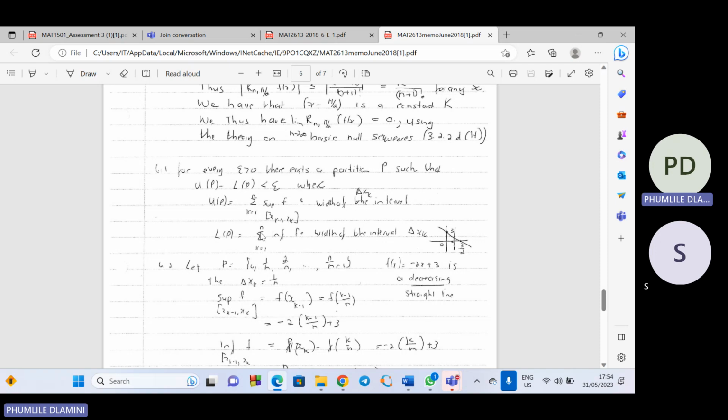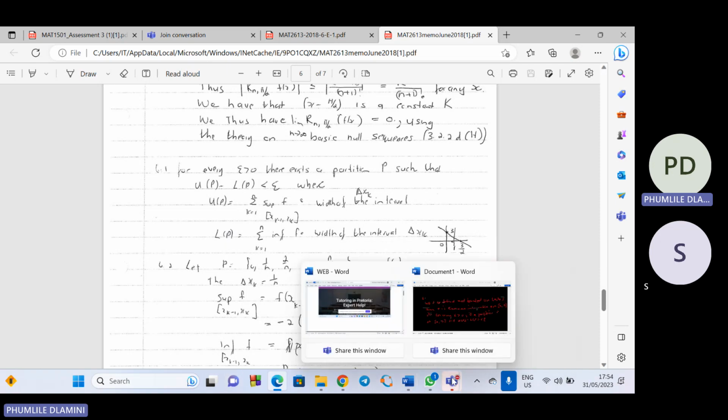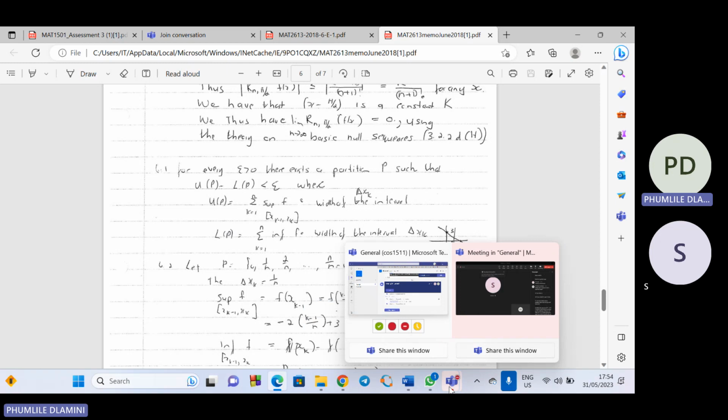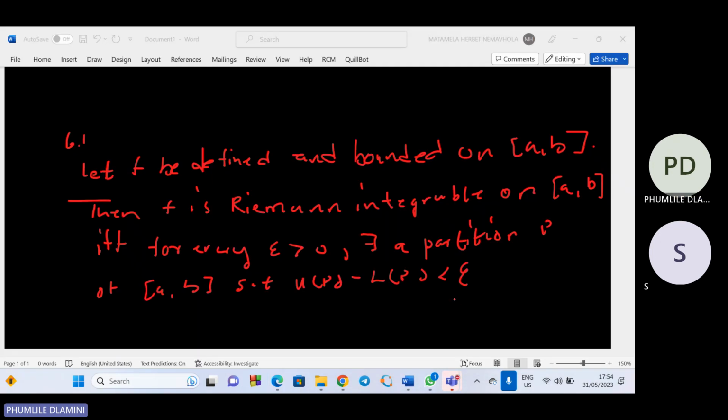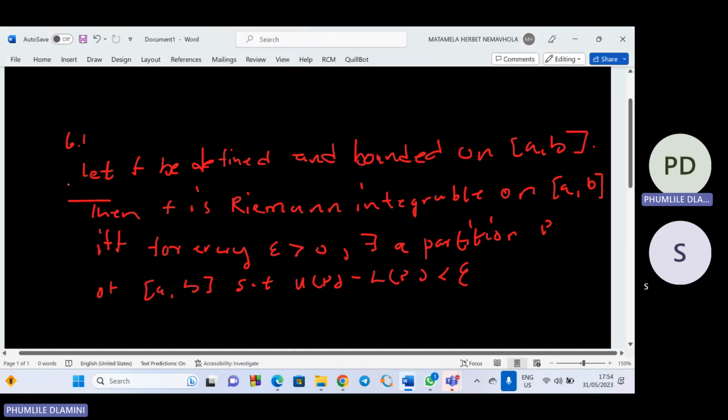They are just giving you the definition of U(P) and L(P). Normally, if you write it exactly the way I also wrote it here in words, it is the same thing. They are going to give you full marks if you just write exactly this, which is the condition that they want.